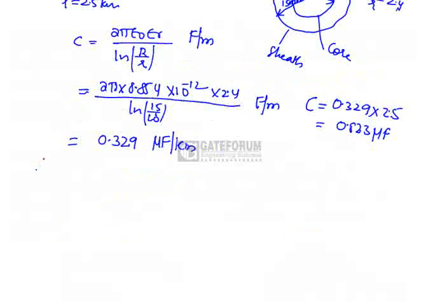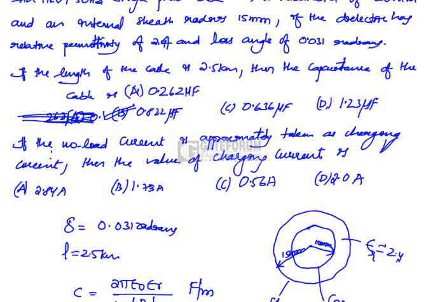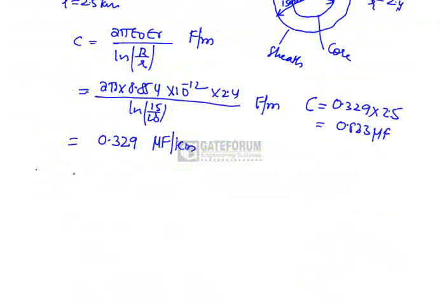Now what is the second question? If the no load current is approximately taken as charging current, then the value of charging current is, charging current is given as IC is equal to V into omega C, or you can write this one as V by XC. Now what is the value of V? V is equal to 11 kilovolts.